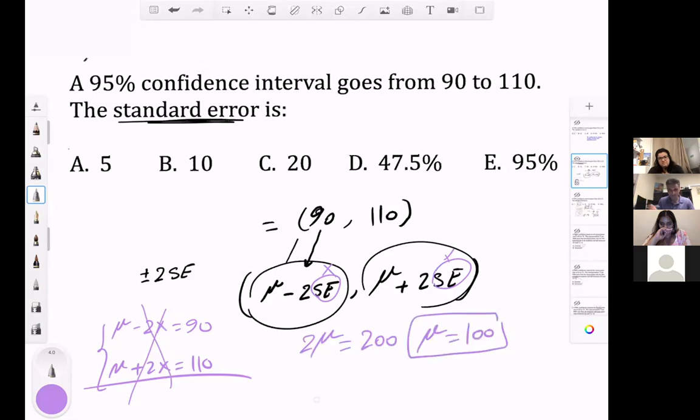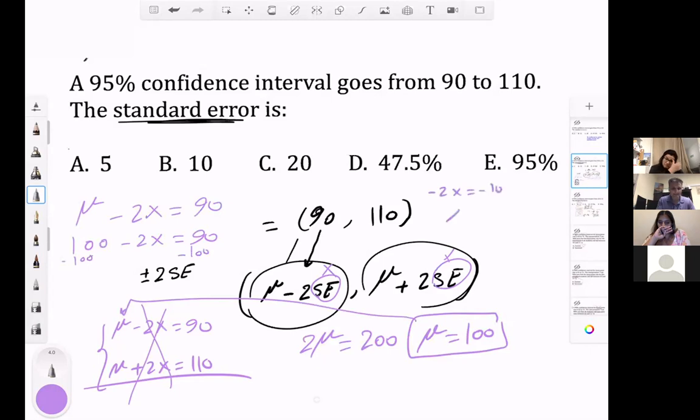Now I plug it back into this equation to find x. So mu minus 2x equal to 90, 100 minus 2x equal to 90. I subtract 100, I get negative 2x equal to negative 10, x equal to 5. So SE equal to 5.